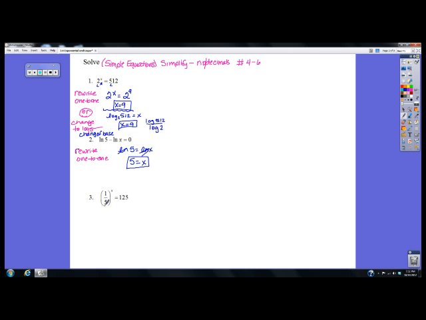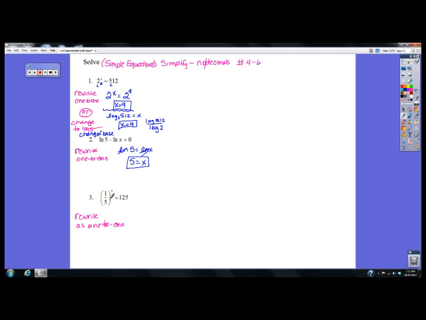Alright, number 3. 1/5 to the x power equals 125. We can use this as the one-to-one property also. Rewrite as one-to-one. Now, this is going to take some little knowledge of negative exponents.